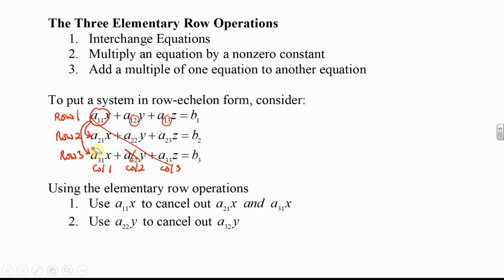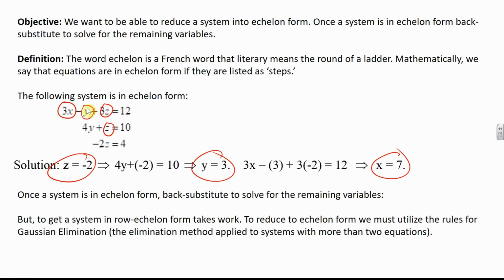How do we cancel? We're using the so-called addition method. That's the first step. And then the second step is to use A22 to cancel out A32 right below it.